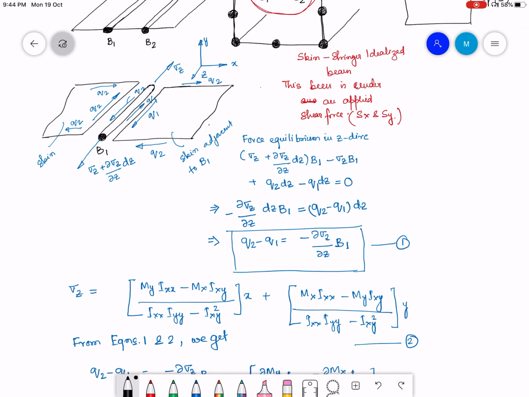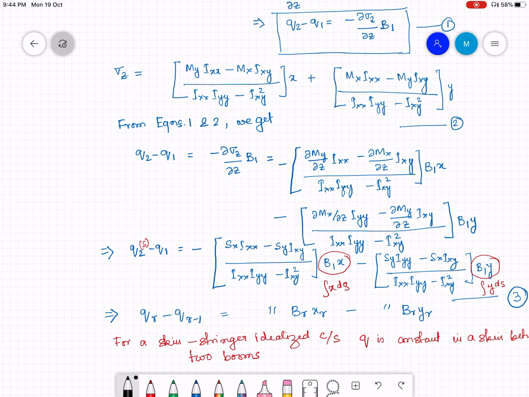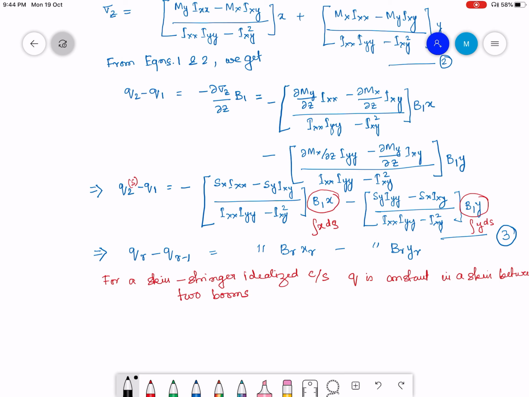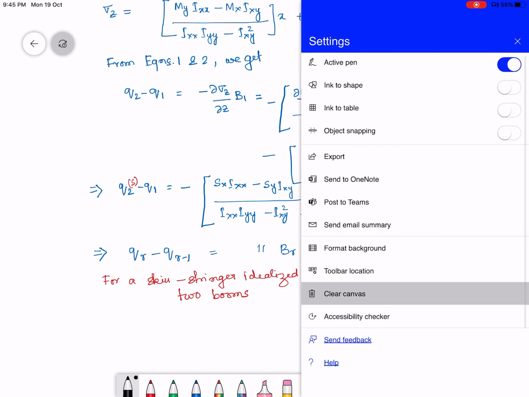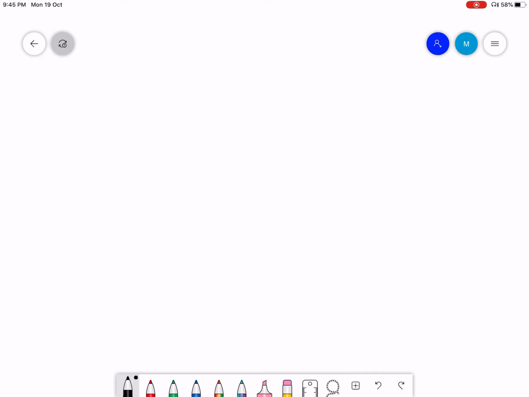Now, with this, let me solve an example which will perhaps give us a better understanding of the problem. Let me just clear the canvas. Suppose I have a skin stringer idealized C section.